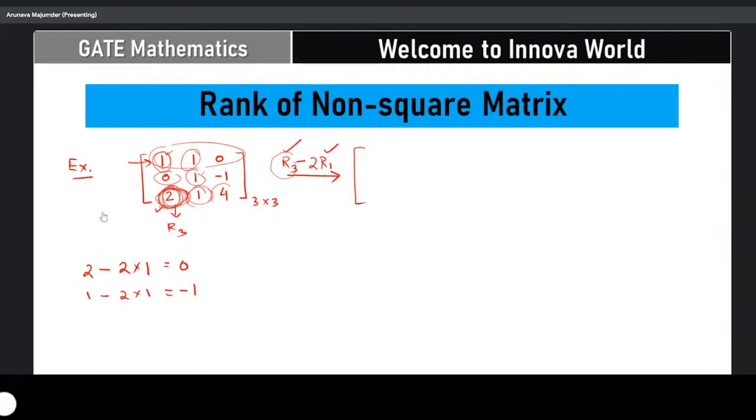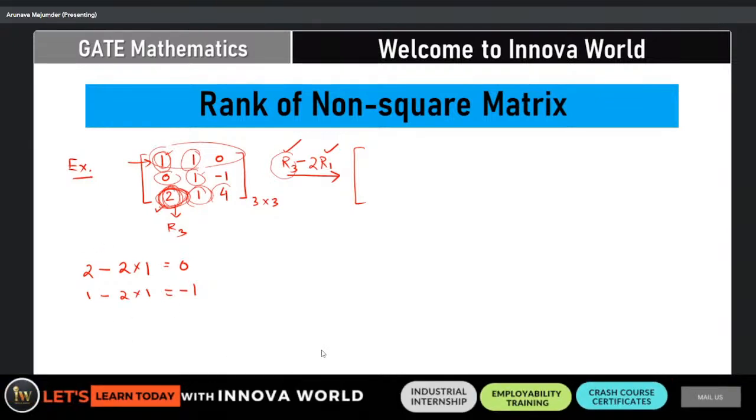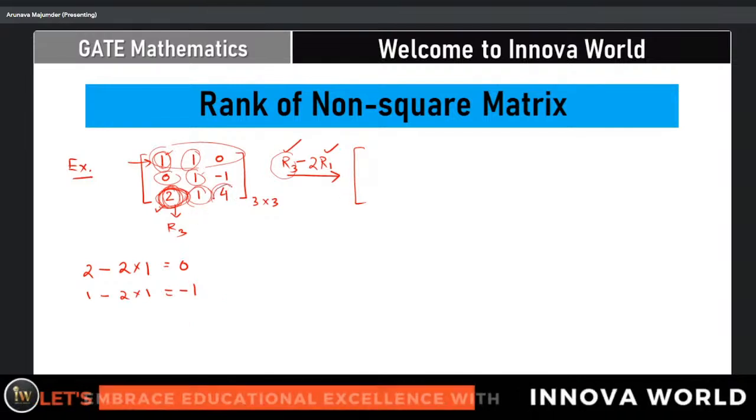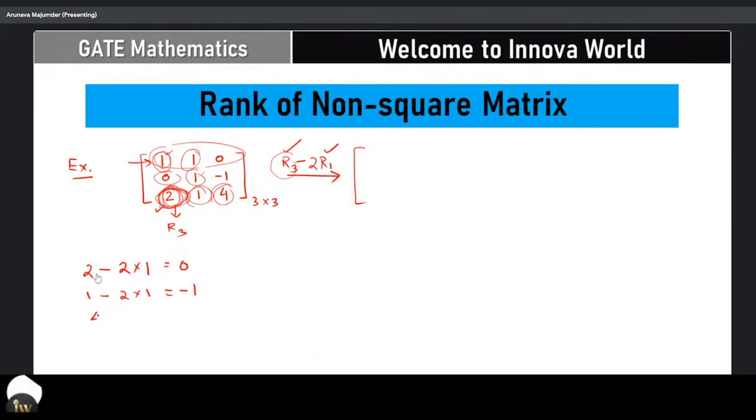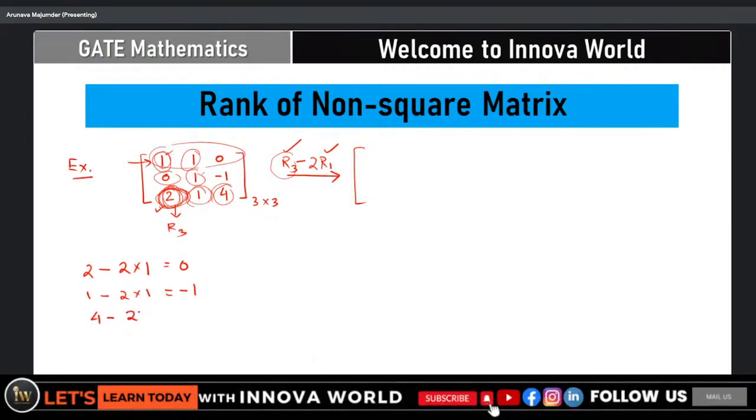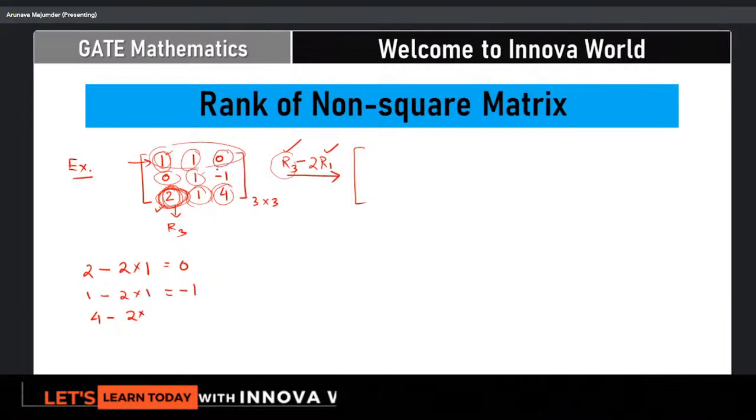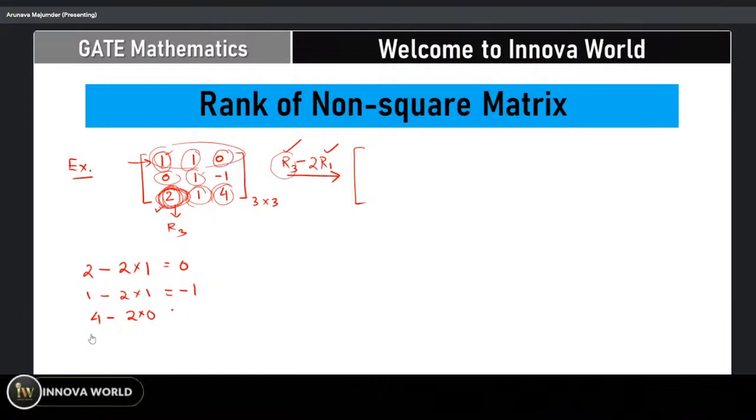Okay, now what is the third element? 4 is the third element of R3. So 4 minus 2 into what is the third element of row 1? 0. So it becomes 4.